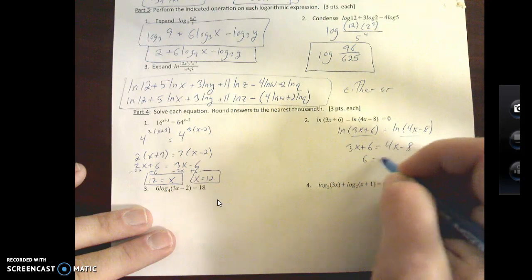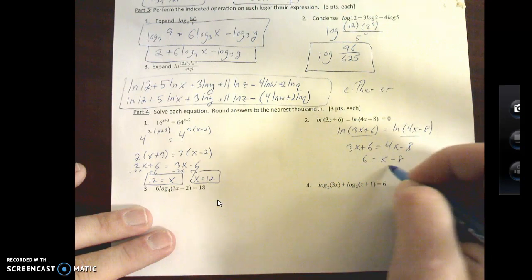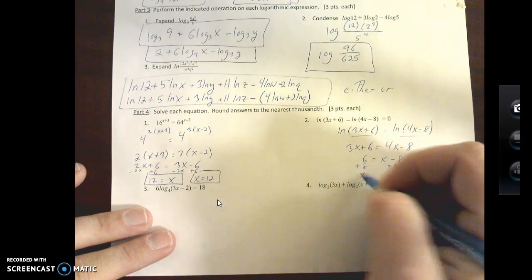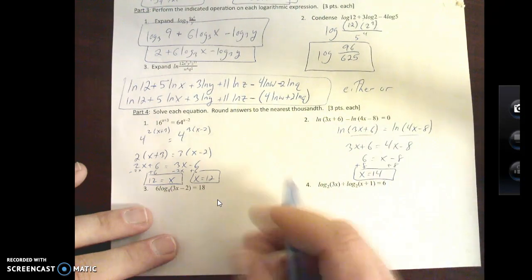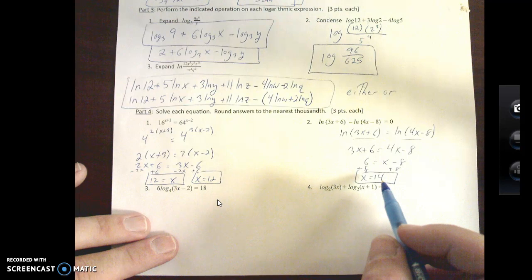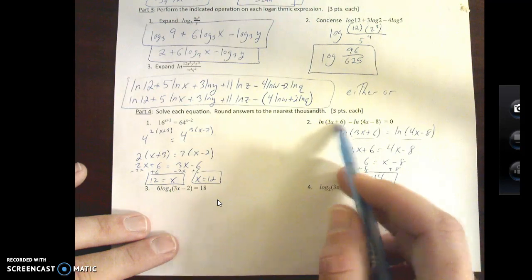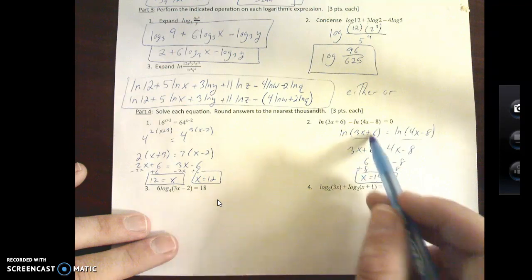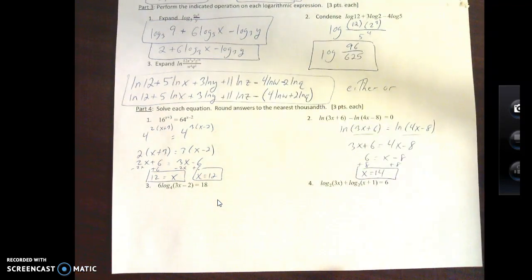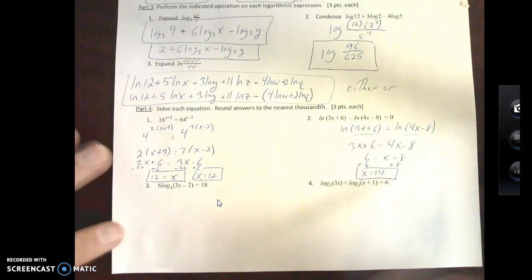Subtract the 3x over, add the 8 over, x equals 14. Okay? And then we're solid. We're good. Now the only thing we have to double check for sometimes, if I plug this back in, I need to make sure that this value for a log or a natural log is positive. If I put 14 back into both these, they would be in fact positive, so we're okay.